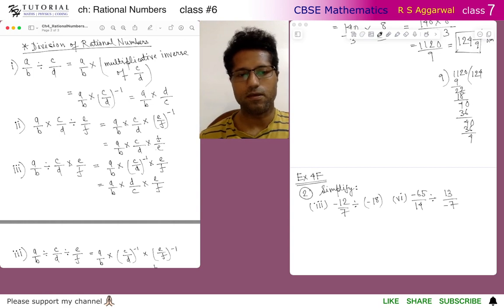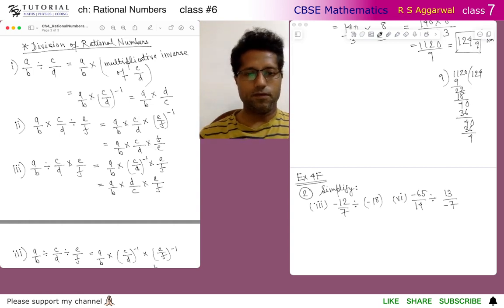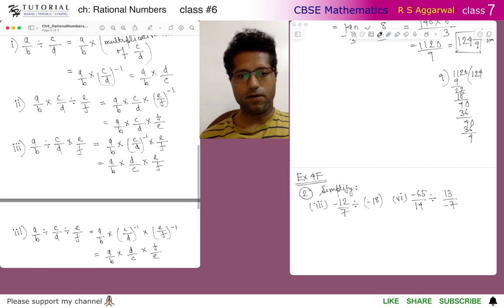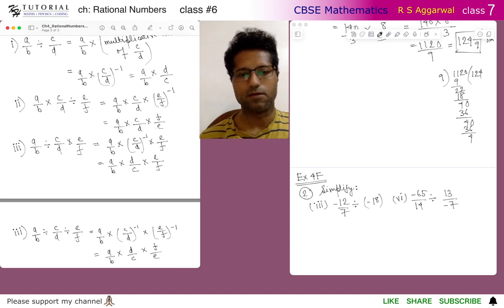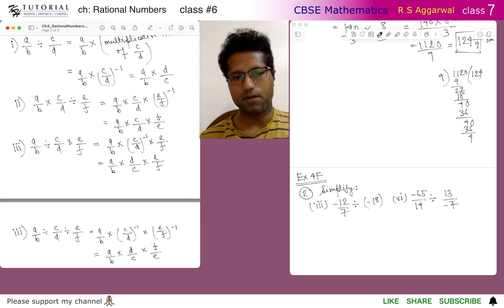Similarly, if you have an expression a by b divided by c by d and multiplied by the rational number e by f, we first do the division, so it becomes a by b multiplied by the multiplicative inverse of c by d, that is c by d to the power minus 1, and that is equal to d by c.